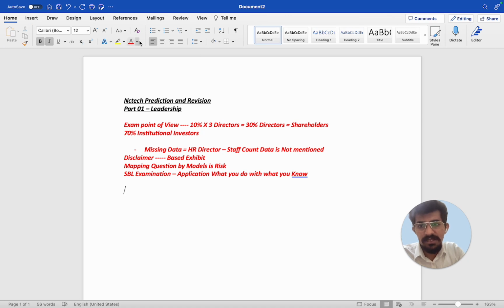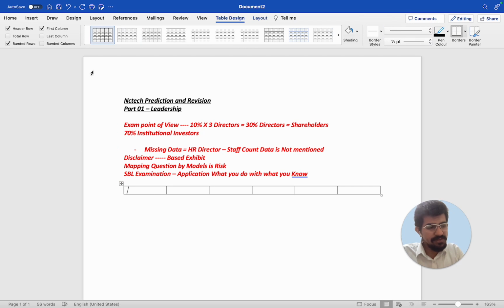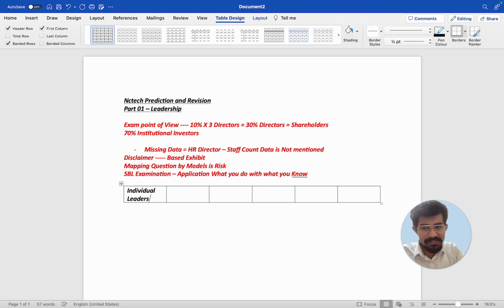Now students, coming into the overall picture, let's start working on this step by step. I'll summarize leadership into the following so that it will be very easy for you to understand how things work. The first part is individual leadership, which won't be tested, but it is better to understand some verbs when writing the answer, as it will enhance the quality of the answer.